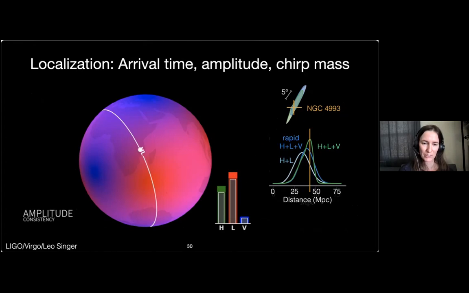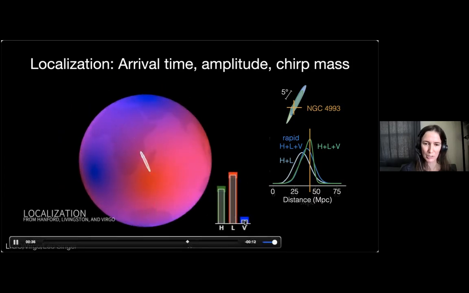For example, this is 170817. Hanford and Livingston had an arrival time difference, and then when compared with the relative amplitude observed in Virgo, this narrowed down the location on the sky to be overhead for a region of the sky where the Virgo detector's antenna pattern was less sensitive.